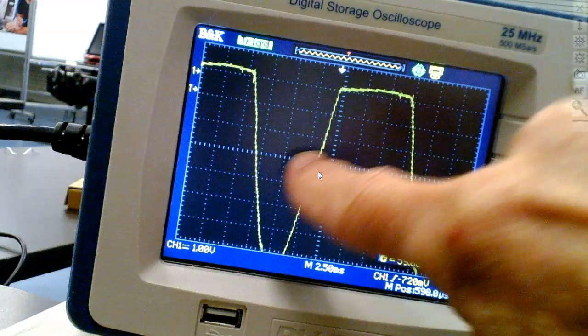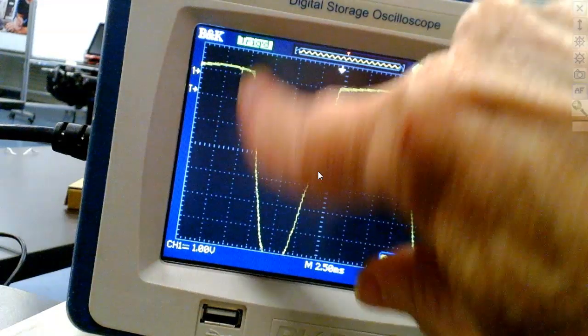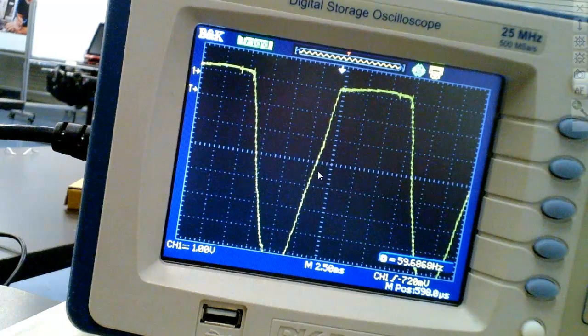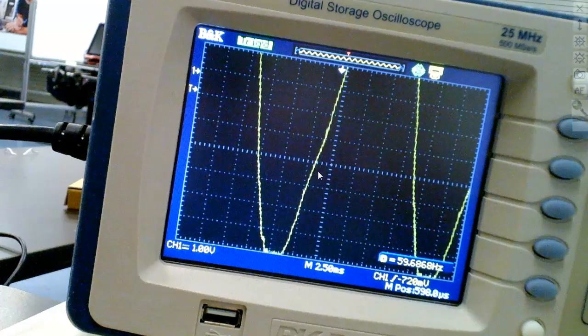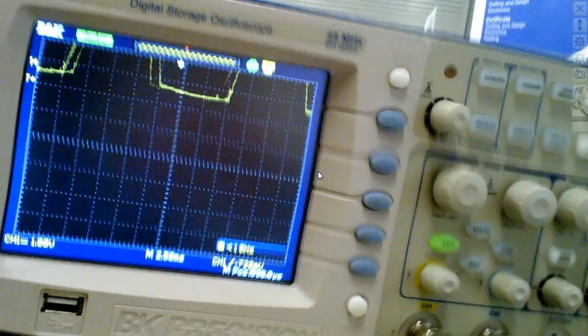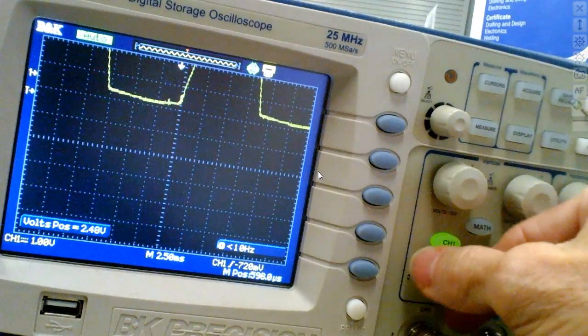It's measuring the positive alternation, but it's not measuring this side. And then of course if I swap the diode around, now we have what we call a positive power supply. Now I have to reset my 0, right?